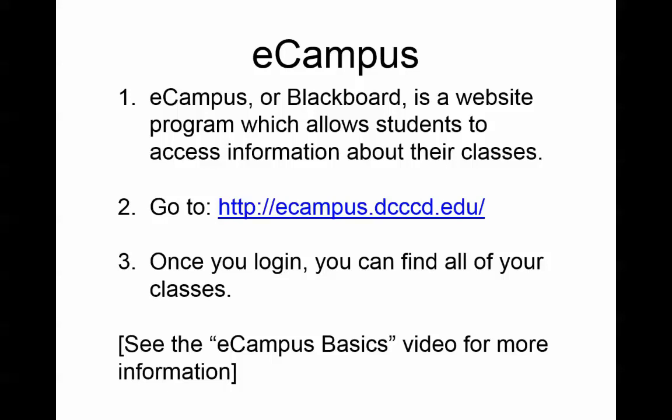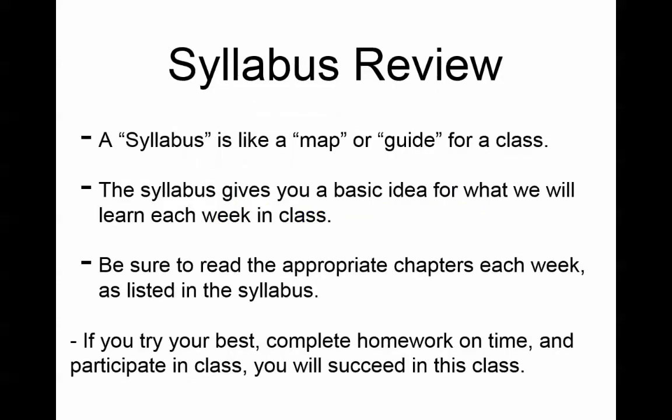On eCampus, when you click on the appropriate class, you'll find a syllabus. And a syllabus is like a map or a guide for that class. It will give you a basic idea about what we will learn each week in class for whichever class you're looking at.